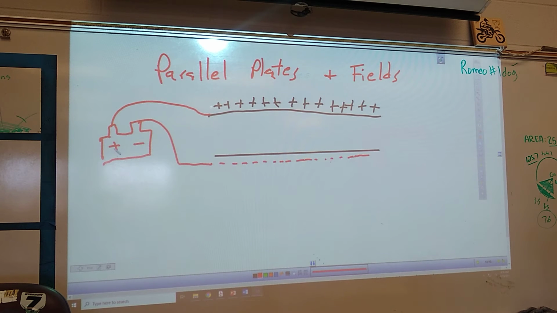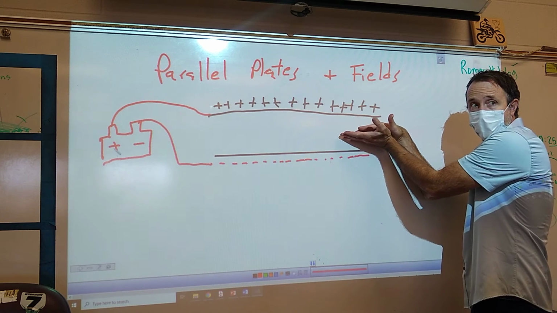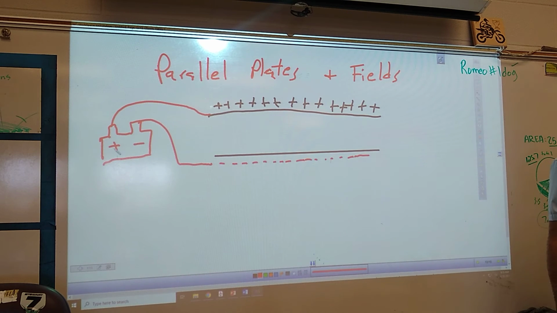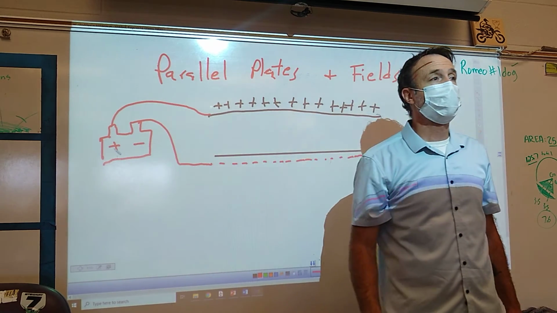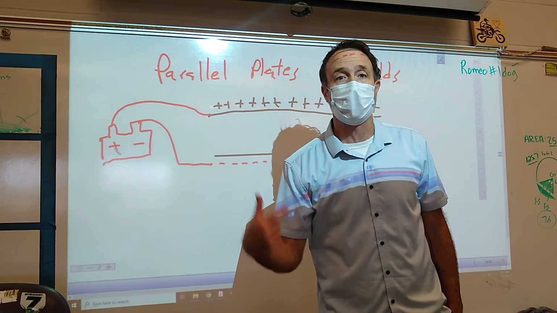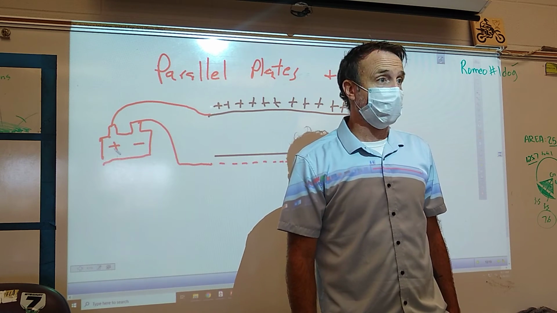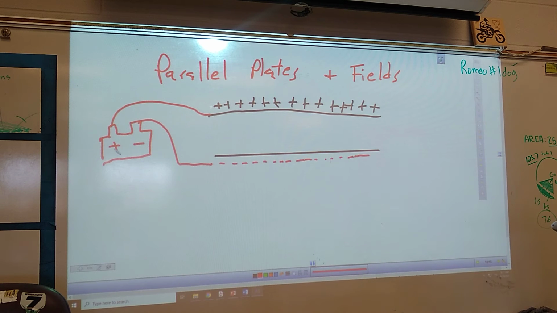Okay. Now, just like a spark plug, if you held these things close enough together, electrons would just jump from this plate to that one. Do you agree with that? Right? So let's draw the electric field between two parallel plates. How do you draw the electric field in the direction a positive charge would move? That's exactly right. So if you were a positive charge and you were in this field, which way would you be moving?